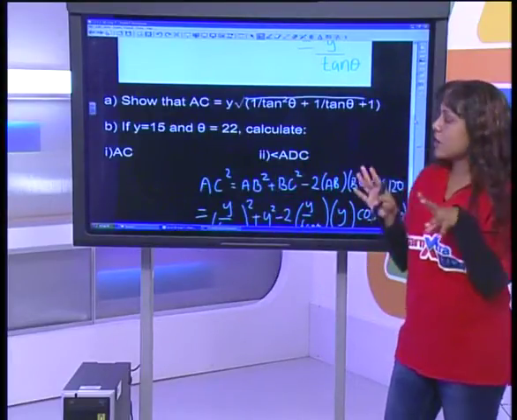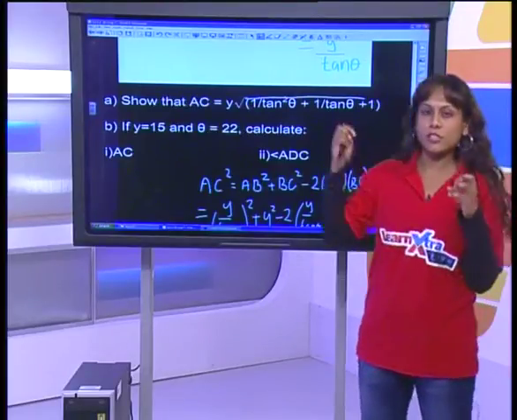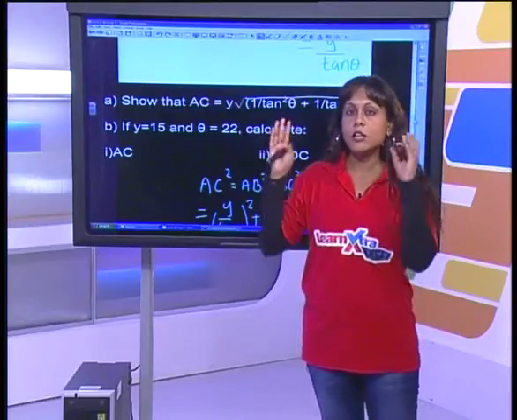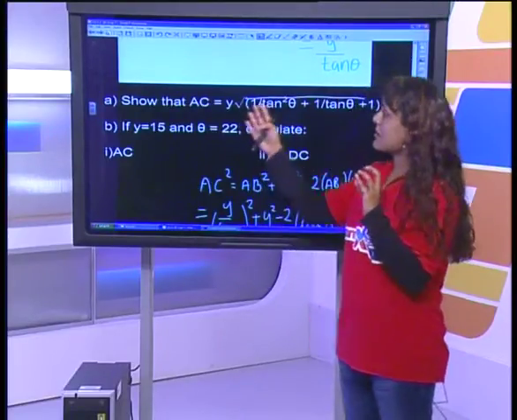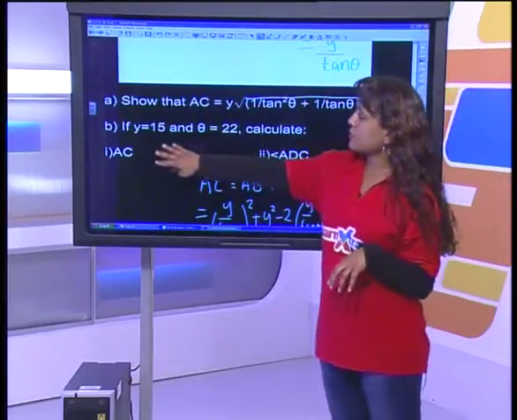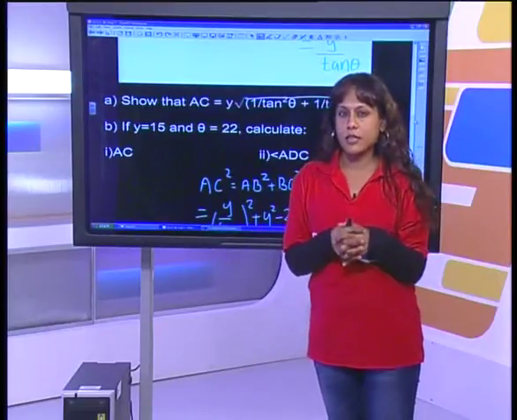I often see in a test, people get stuck at the first one and then don't carry on. If they asked you to show something and gave you the answer, use that to help you do the second part, because there usually are hence questions in this kind of section.